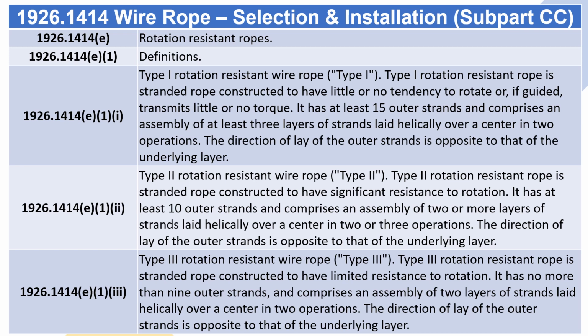Type 3 rotation-resistant wire rope. Type 3 rotation-resistant rope is stranded rope constructed to have limited resistance to rotation. It has no more than 9 outer strands, and comprises an assembly of 2 layers of strands laid helically over a center in 2 operations. The direction of lay of the outer strands is opposite to that of the underlying layer.